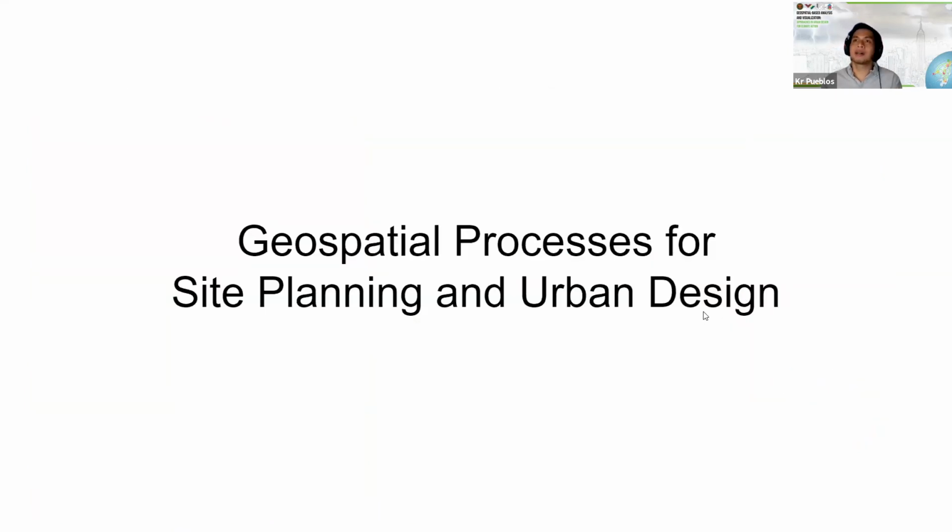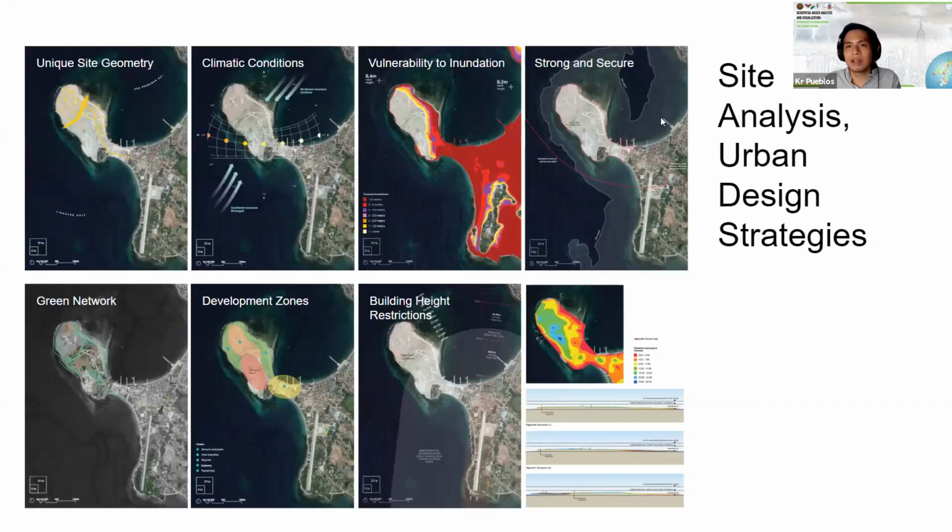Okay, so that's looking at bigger, region-wide sites and strategies. And so this one, we're looking at the site planning scale. This is probably more familiar to us as architects and landscape architects, where we look at site analysis and urban design strategies, where we mapped out what the site geometry was like, climatic conditions like your amihan, your habagat, and the inundation vulnerabilities.